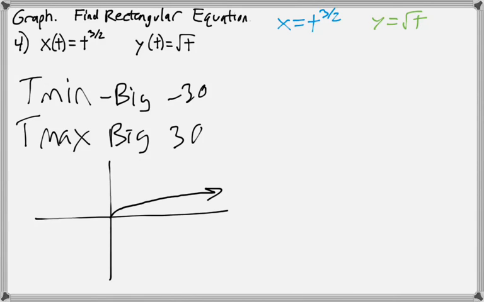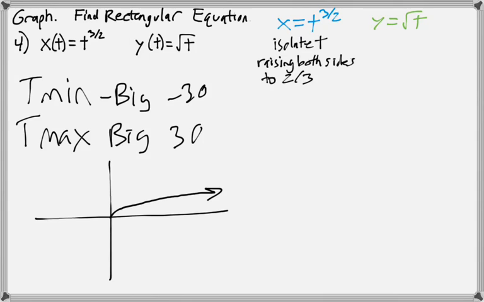So my first step is going to be to isolate t in my x equation, and I can do that by raising both sides to the 2/3 power. And I'm doing the 2/3 power because it's the reciprocal of the power that I already have.